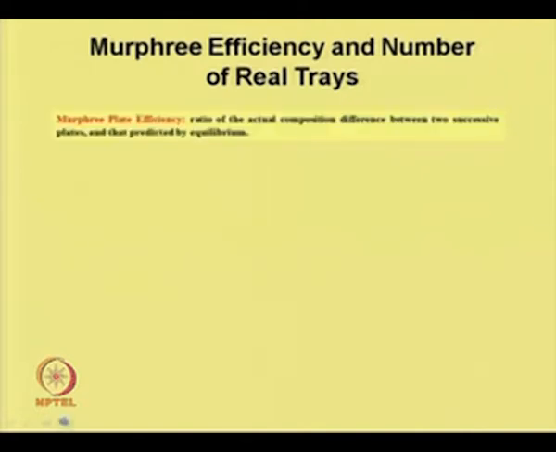Now, we will discuss Murphy plate efficiency. It is the ratio of the actual composition difference between two successive plates and that predicted by equilibrium, which we can write as EM is equal to Yn minus Yn plus 1, the compositions of two successive stages, divided by Y equilibrium of n minus Yn plus 1.